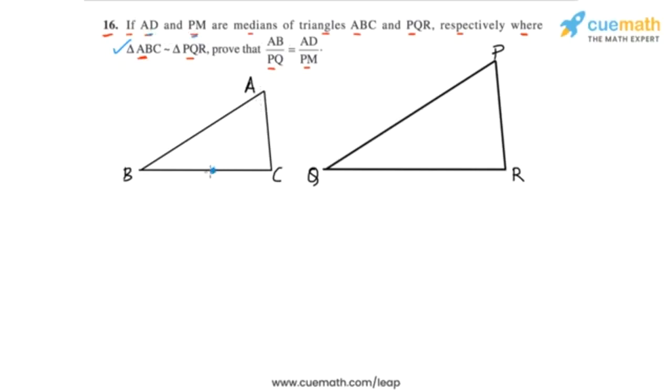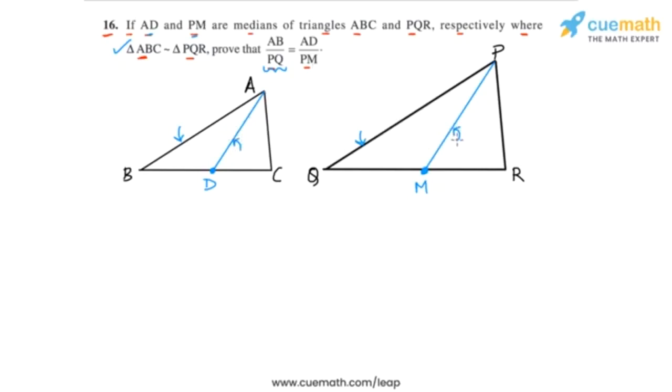So D would be the midpoint of BC, and we join A to D. And then similarly PM is a median, so M would be the midpoint of QR, and we join P to M. Okay, and now we have to show that AB by PQ, which is basically this side AB by the corresponding side PQ, is equal to AD, which is this median, by PM, which is the corresponding median.